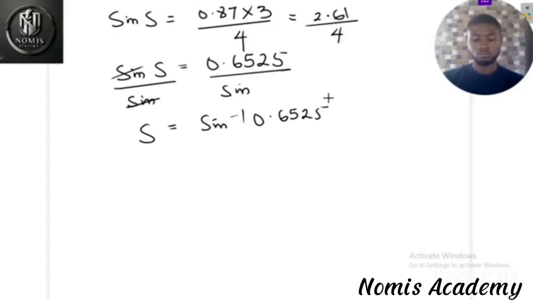So our capital letter S is equal to 40.73 degree. So the angle capital letter S is equal to 40.73 degree.